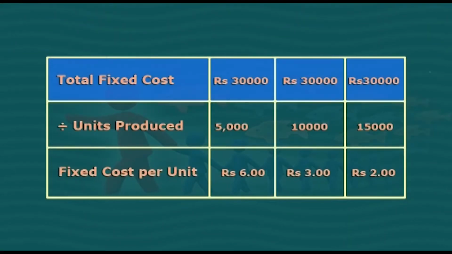Let us understand this with the help of one example. If you look into this table, total fixed cost is 30,000 rupees and the units produced are different in all the three cases, that is 5,000, 10,000 and 15,000. And so, fixed cost per unit comes to rupees 6, rupees 3 and rupees 2 respectively.